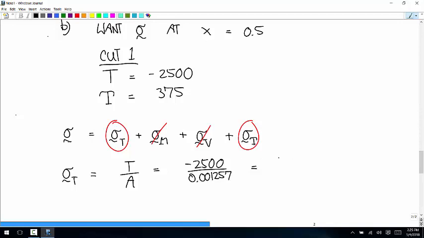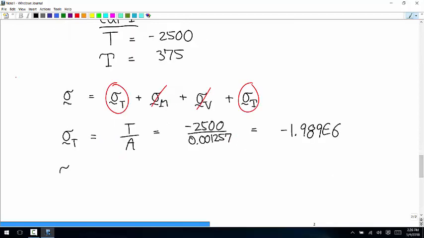And it's 10 to the 6. And so the stress tensor due to tension is negative 1.989 times 10 to the 6, zeros everywhere else.